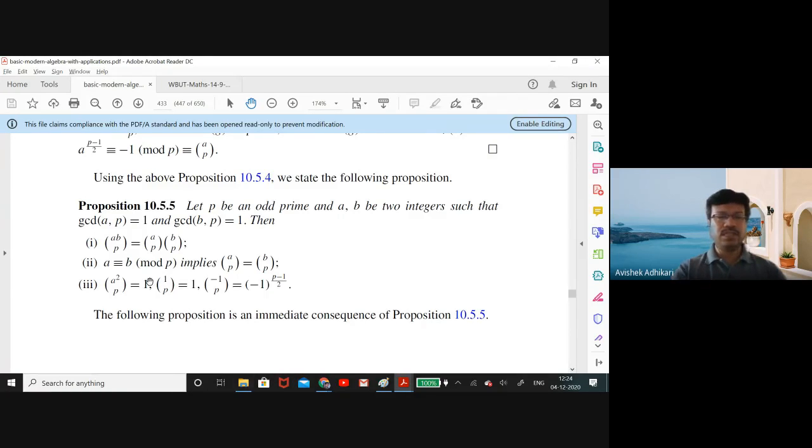First property is the Legendre symbol (AB/P) equals the Legendre symbol (A/P) times (B/P). These proofs are very easy, they follow from the definition.